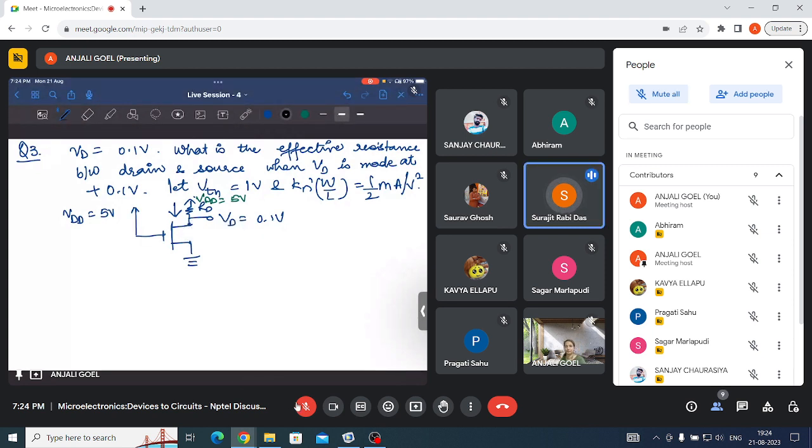Does Kn dash include that 1 by 2 factor? Yes, the Kn dash W by L whole is 1 by 2; your mu and Cox are included in this. In which region have you considered?